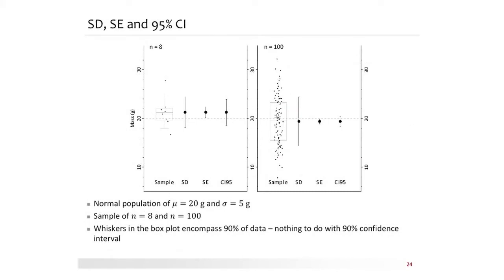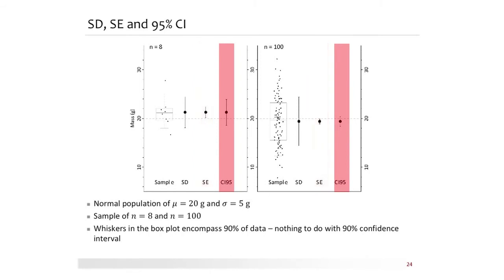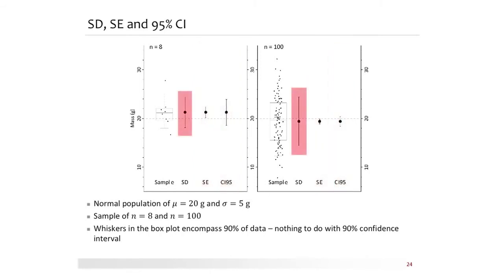That's yet another comparison. This is a sample size of 8. This is a sample size of 100. So the sample is shown here, and I show standard deviation, standard error, and the 95% confidence interval. As I mentioned before, standard deviation describes the spread of a sample, so it's roughly the same regardless of the sample size. It can be a little bit smaller or a little bit larger.